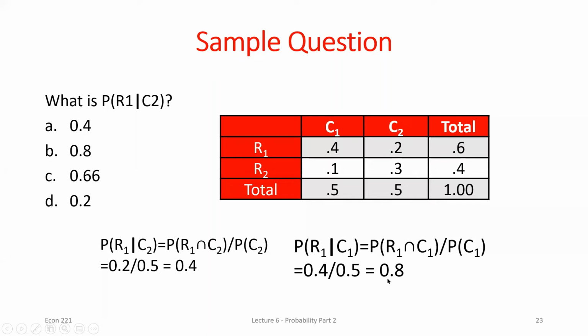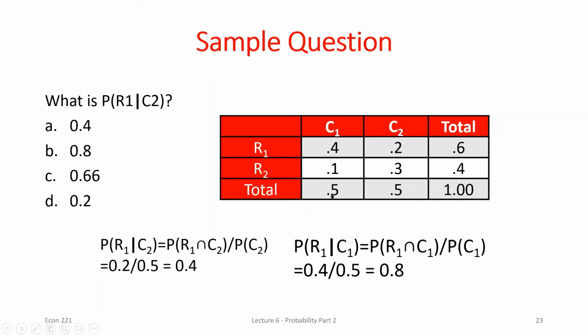But what this is really telling me is, if I'm not conditioning on anything, 60% of that space is in R1. However, if you tell me that C2 has occurred, I'm limiting the space I'm looking at to just half of that area, so 0.5. And of that 0.5 area, 0.2 is in R1.